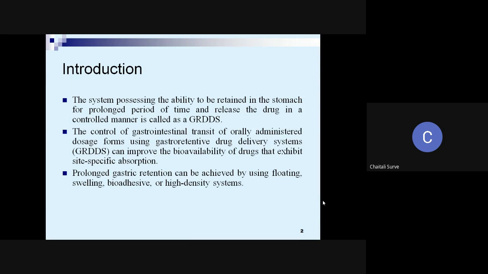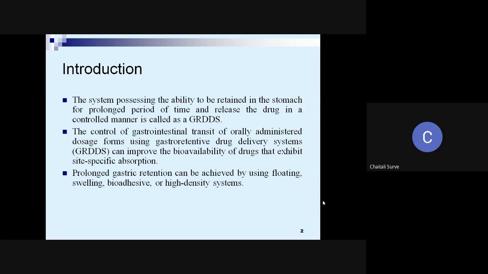For example, there are drugs which we give against H. pylori infections. Such drugs require that they be absorbed only from the stomach region. For those drugs, GRDDS is a very good drug delivery system.